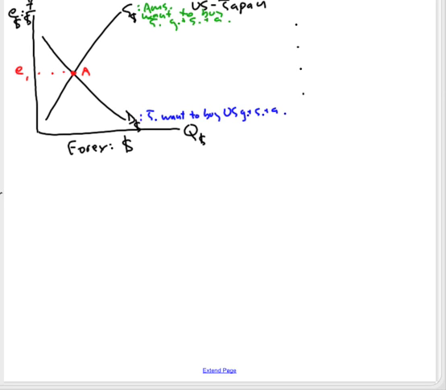The first is a change in tastes. The second is a change in price level. The third is a change in output. And the fourth is a change in interest rates. All right, so let's take the first one first.